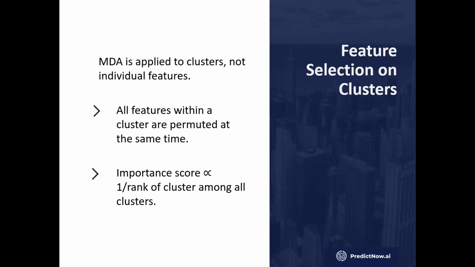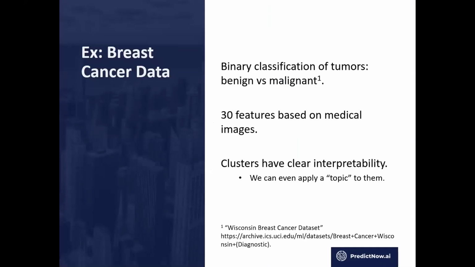Now let's look at a data set that is outside of finance, because this is a standard data set in machine learning, and it is a very easy to understand data set. Basically, you have a problem where you want to classify whether a tumor is malignant or benign based on 30 numerical features that are a summary of medical imagery.